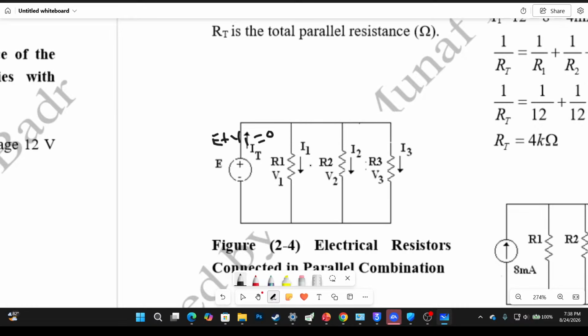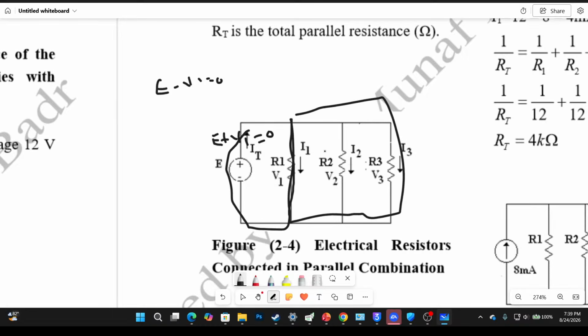Someone may ask why or how. In this case, we have our V to be negative. So we have E minus V1, which will give you your 0. We are just considering only this loop. Let's say we don't have this loop connected to our circuit, okay? Please don't be confused. I just want to use this to show you something.